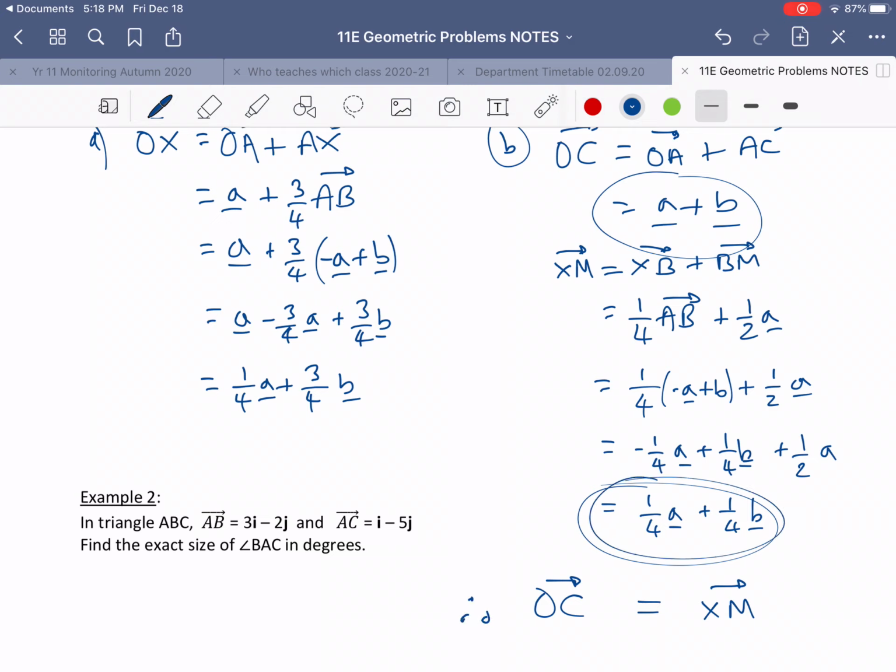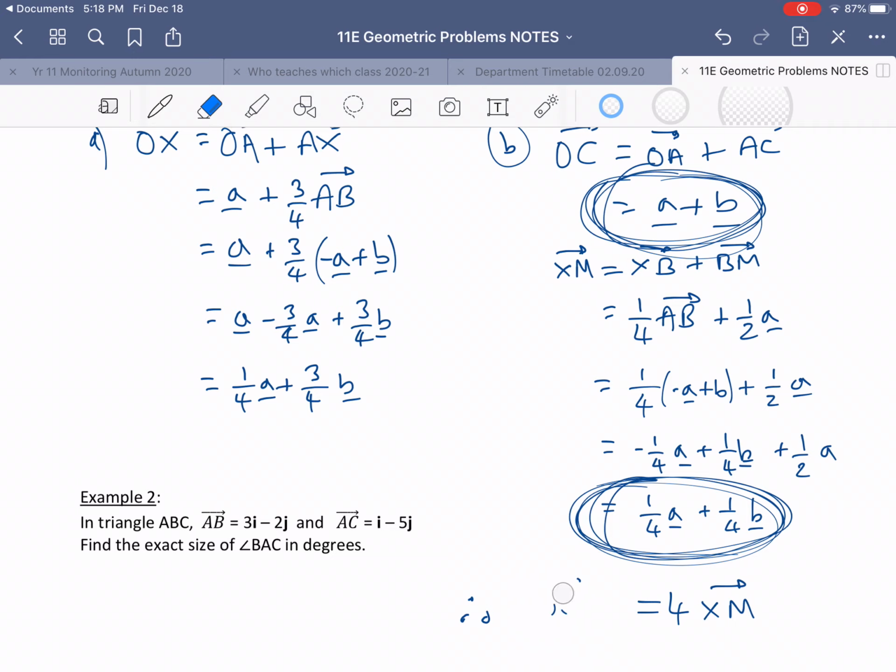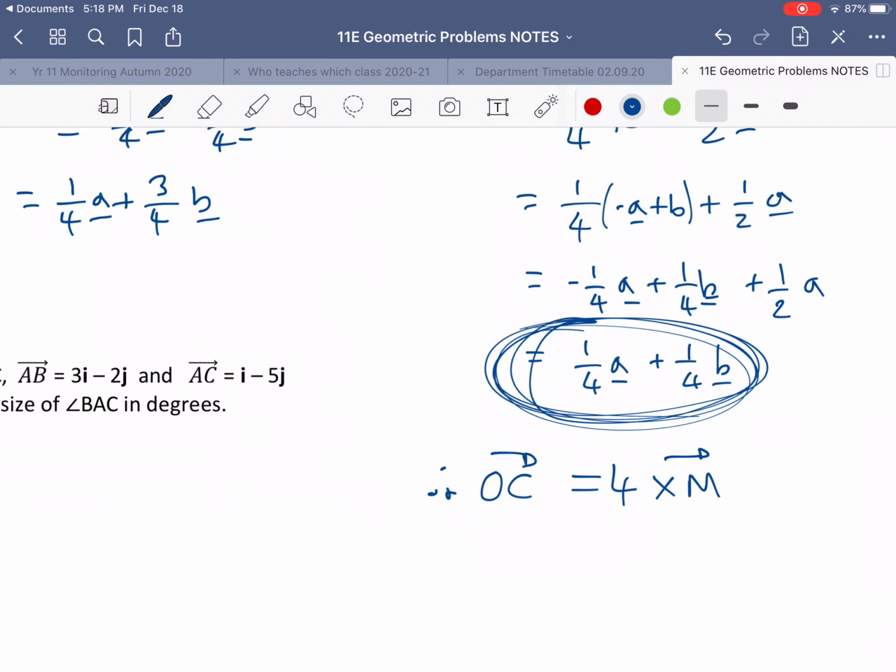From our two results here, we know that OC is actually bigger than this one here. So you need 4 lots of this one to make it the same as that. And so I need 4 lots of X to M to make it equal to OC. So therefore, the vector OC is 4 lots of the vector X to M. And I can then write that since they're multiples of each other, they are therefore parallel.